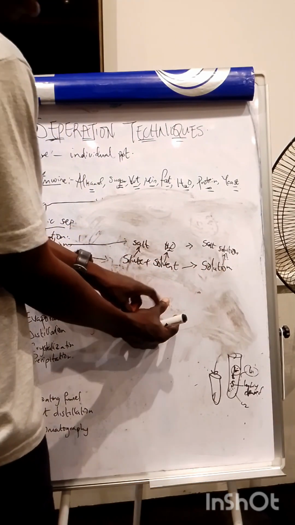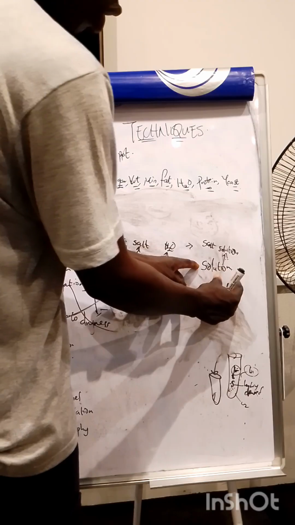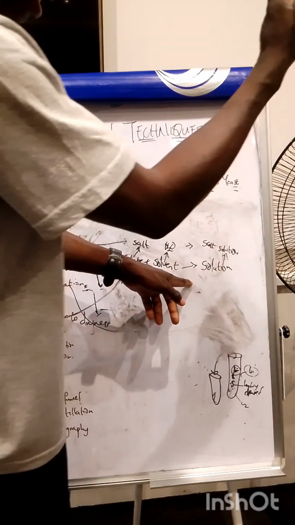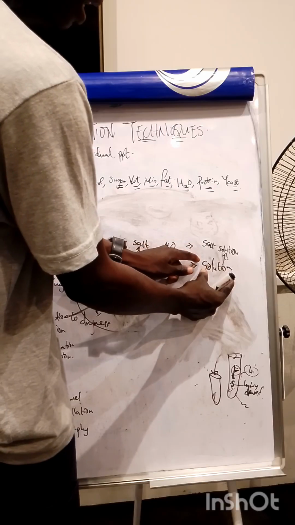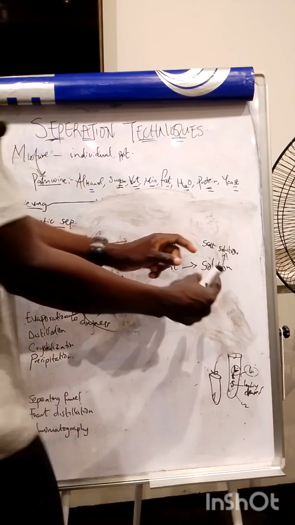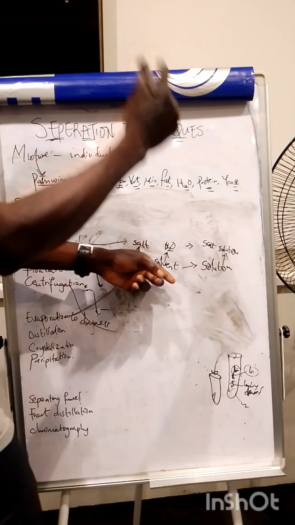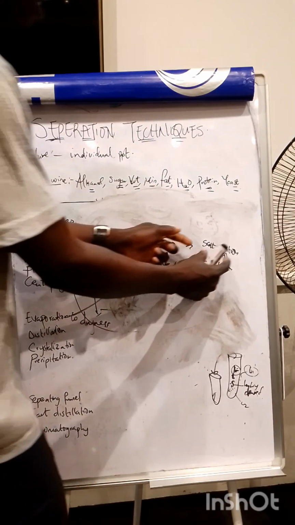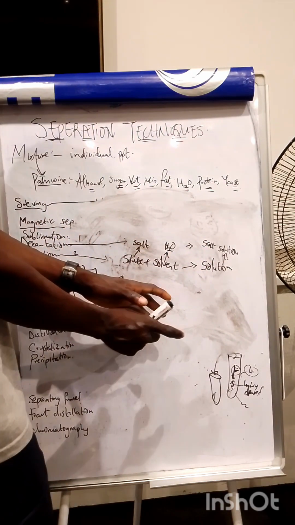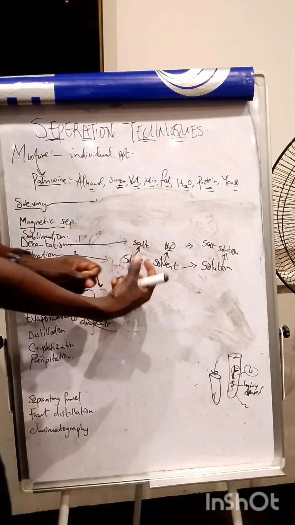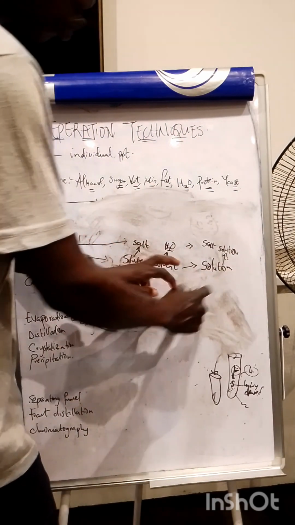When you have your solution, you just evaporate it to dryness. When you evaporate it, the water present in the solution will disappear. It will turn to gas, while the solute present will be left behind. By so doing, we've collected our solute from the solution.